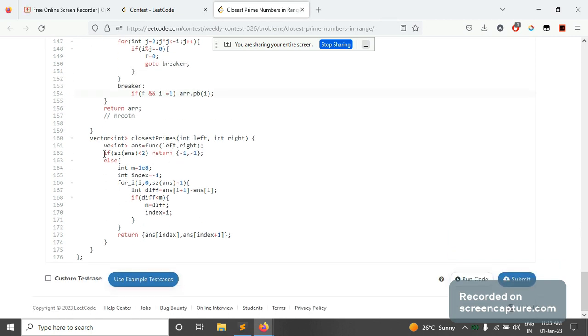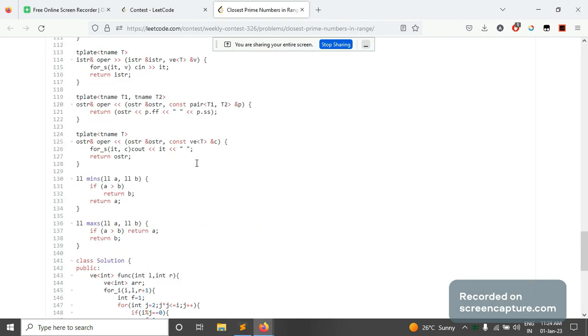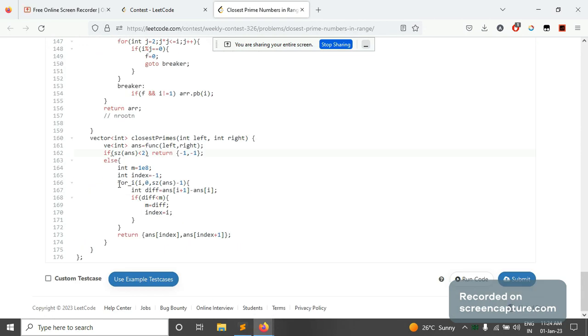After that, we check if the size is less than or equal to 1. If the size is less than 2, that is, 0 or 1, we are not able to get the two numbers and make the array of num1 and num2. So in that case we have to return -1. Otherwise we loop through the values, taking the difference of consecutive values and checking if it makes the minimum value.